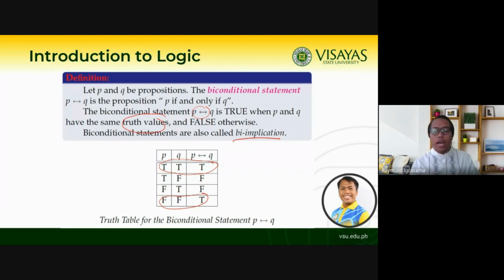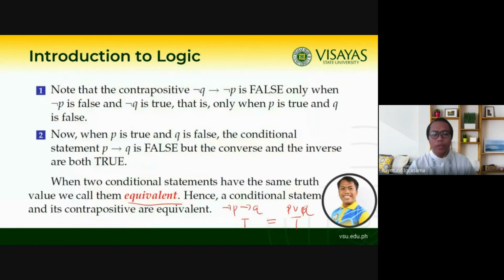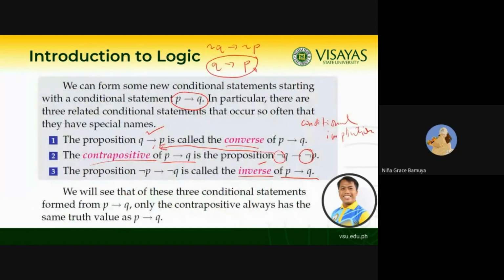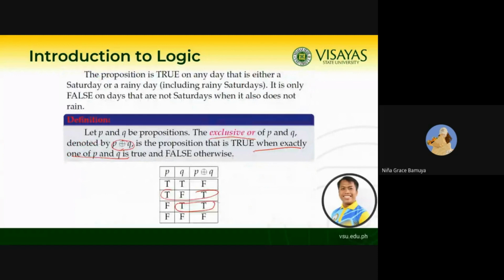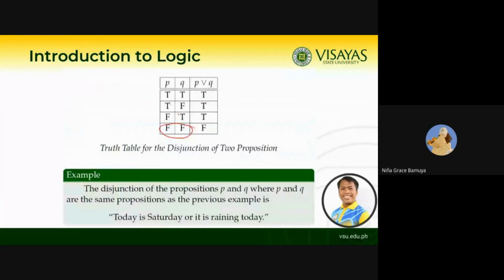Okay? Ato balikon, no? Ang conjunction, matrue kung true ang duha ka propositions. Disjunction, ma-false kung false ang duha ka propositions. Ang exclusive or, true lang siya if exactly one value ang true. Yes, okay.